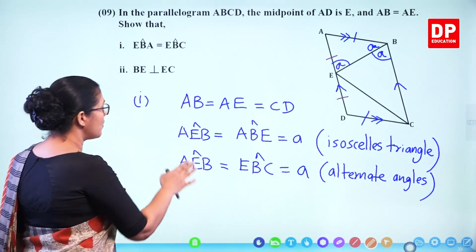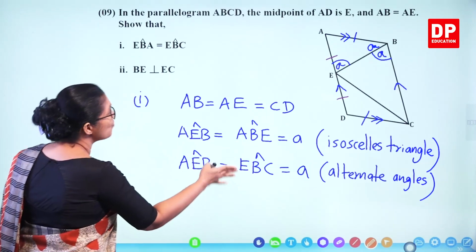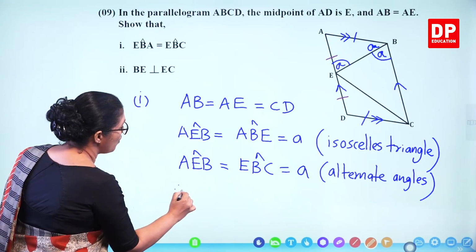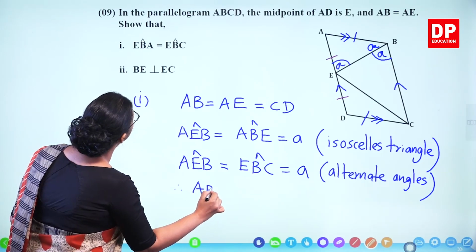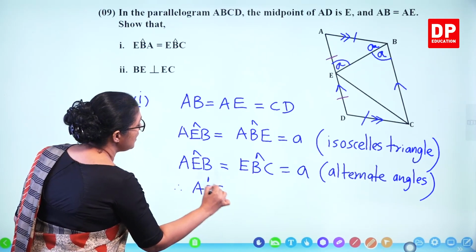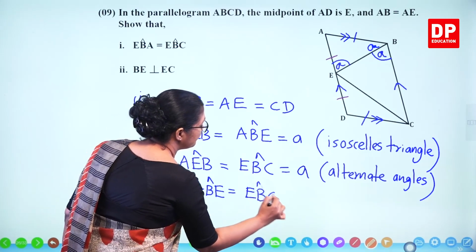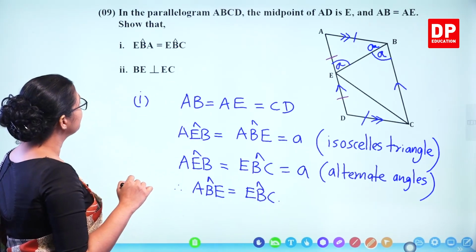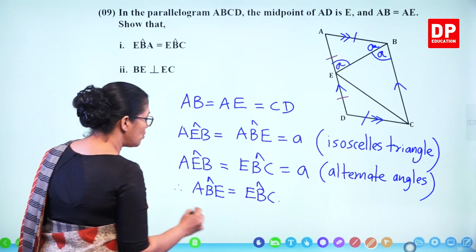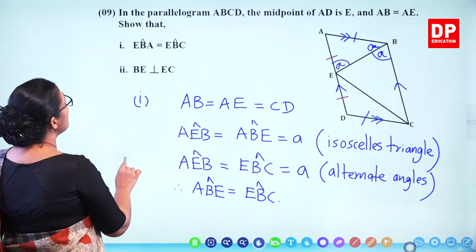Alternate angles are equal. What can you say about this? These two are equal. So therefore, ABE or EBA, same thing, is equal to EBC. That's the first part. And we need to do the second part.